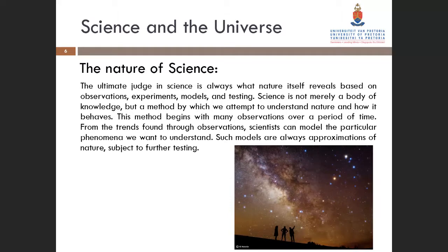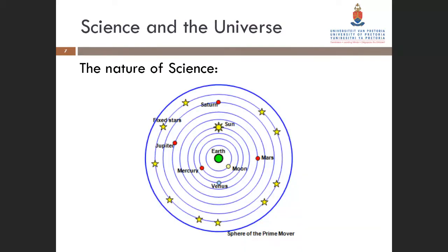So what do you mean with theory? If we start looking at the nature of science, we need to make some sort of observations because in the Middle Ages and even earlier than that, it was believed that Earth was the center of everything.